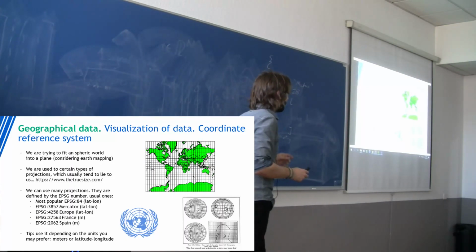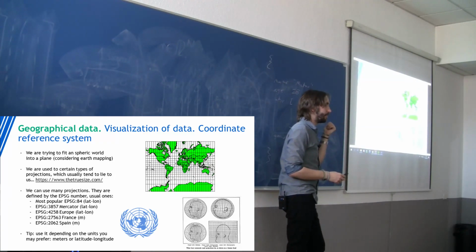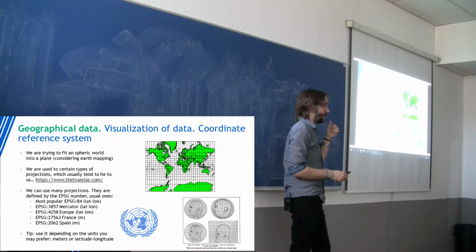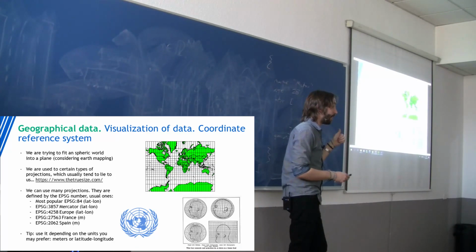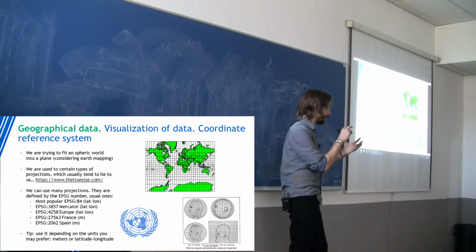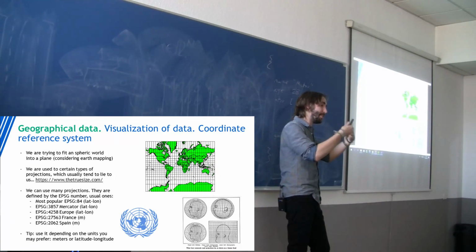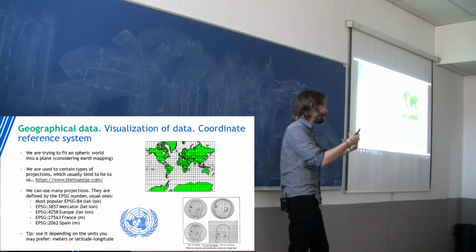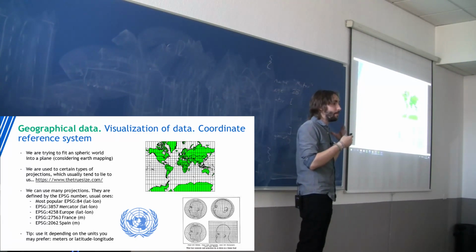Let's jump to another thing. You know that maps are a lie. They are not telling the truth, because when we have a spherical shape like the Earth, and we try to project it into a plane like a map, then by definition, we need to change the way we see it.